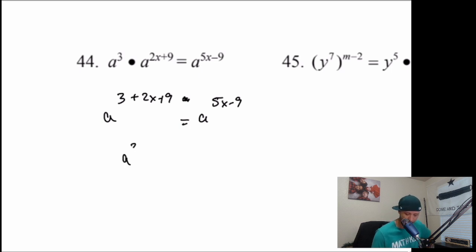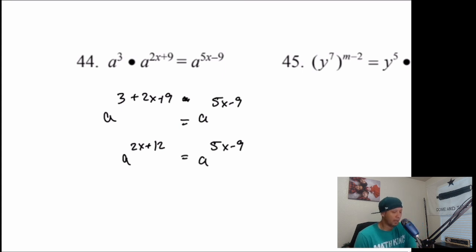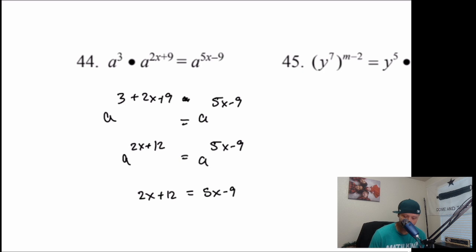So a to the 2x plus 12 is equal to a to the 5x minus 9. We can set the exponents equal to each other. So 2x plus 12 is equal to 5x minus 9.